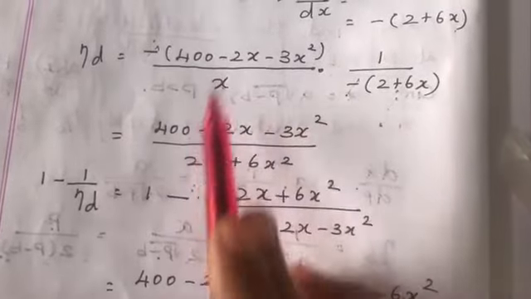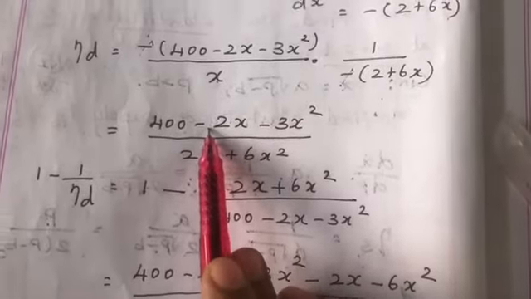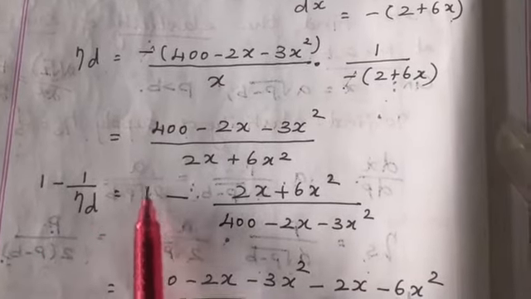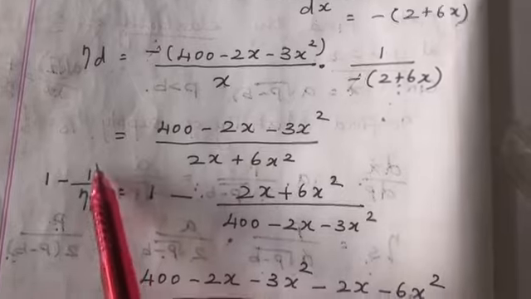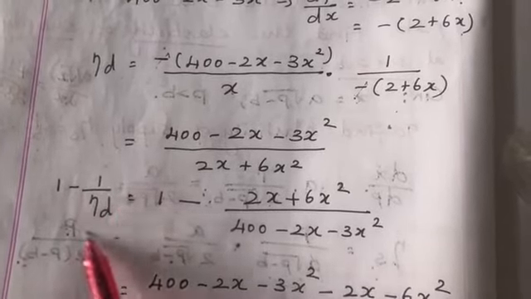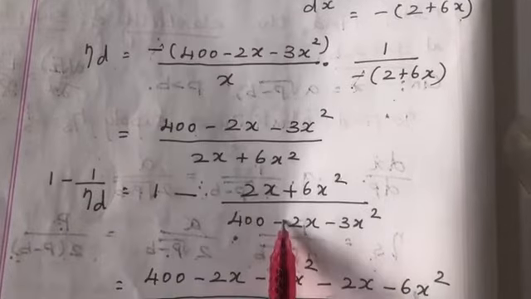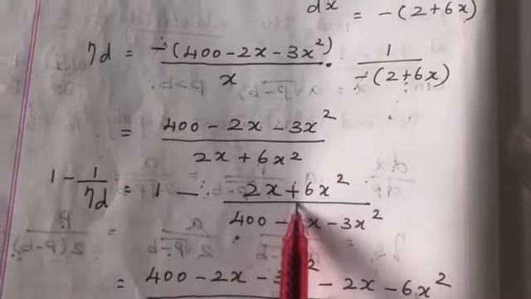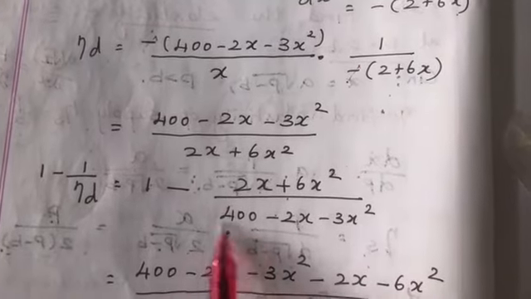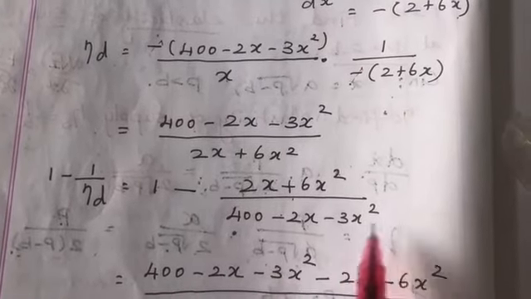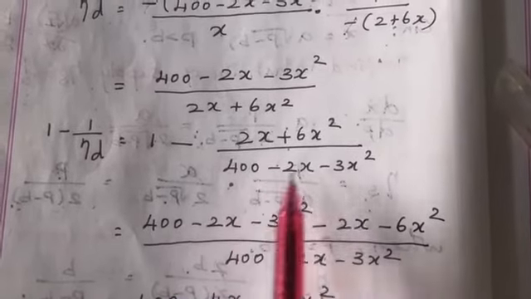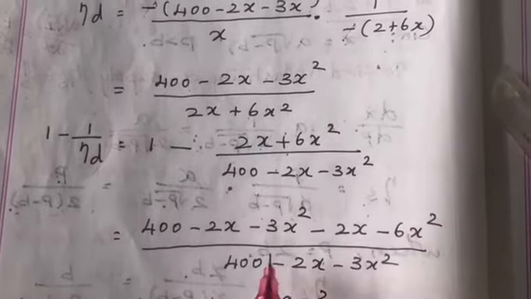Numerator, that expression remains. But we need to find 1 minus 1 by eta D. 1 by eta D is the reciprocal of eta D. So the reciprocal of this is 2x plus 6x square divided by 400 minus 2x minus 3x square. Now we can take 400 minus 2x minus 3x square as LCM.